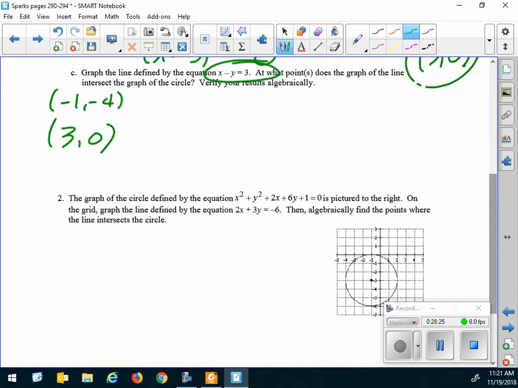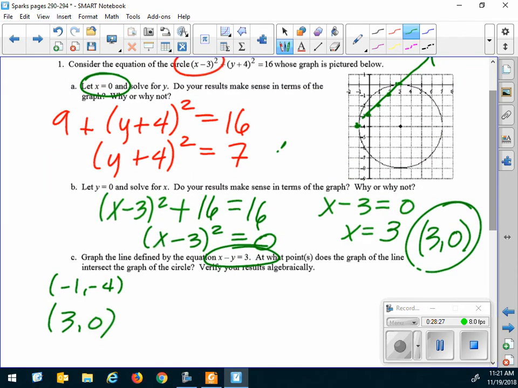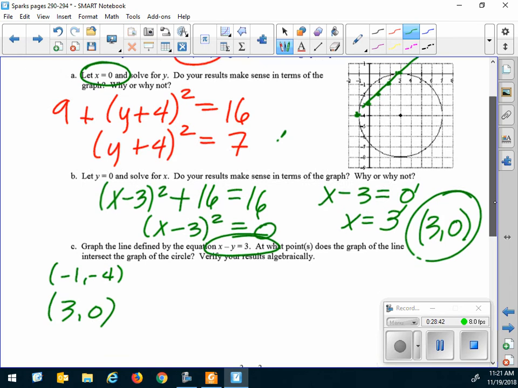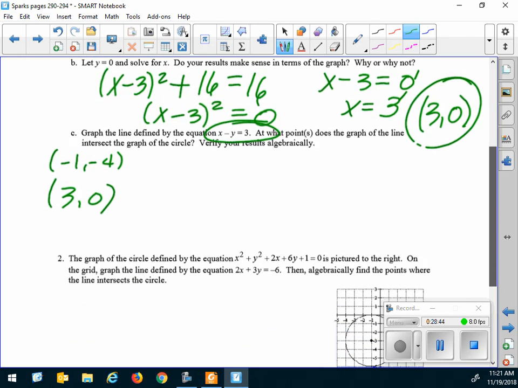Verify your results algebraically. How can I verify that this line and this circle intersect right there? A system of equations. I got y equals x minus 3.